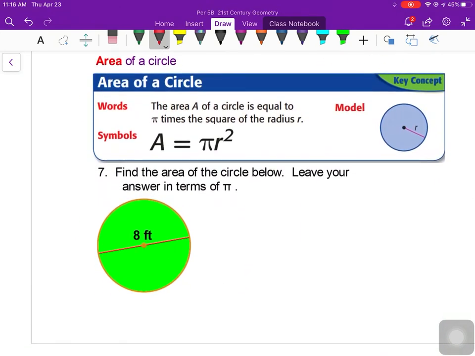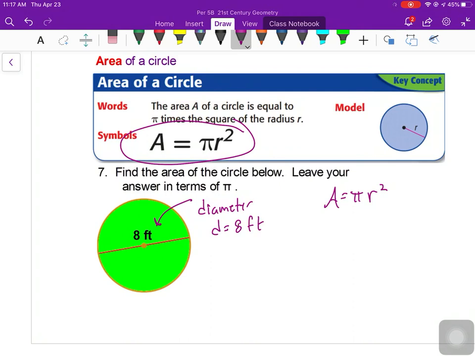Let's try a different type of problem. Let's talk about area. Now, we have found the area of a circle before in geometry, and you learned this long before. The formula is area equals pi r squared. Let's just review one of those. Now, in this problem, they actually didn't give us the radius. We know we need pi r squared, but they gave us the diameter. So we first have to find the radius.